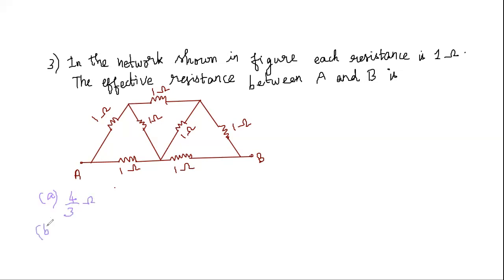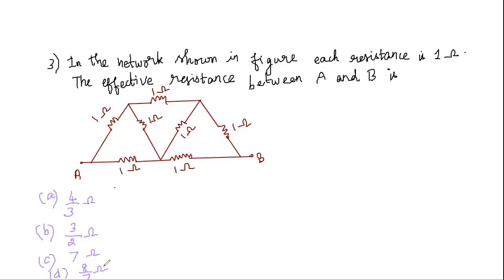B is 3 by 2. C is 7 ohm, and D is 8 by 7 ohm.